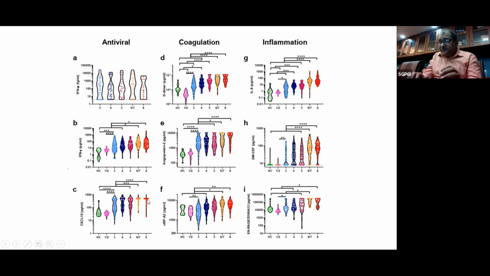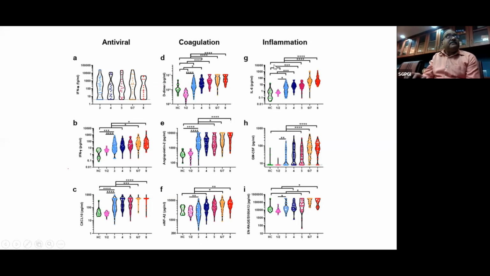Whereas for the coagulation markers, they looked at three: D-dimer, angiopoietin 2, and von Willebrand factor A2. It can be seen that the levels of D-dimer increase with the severity. Same is true for the levels of angiopoietin 2 and also the von Willebrand factor.